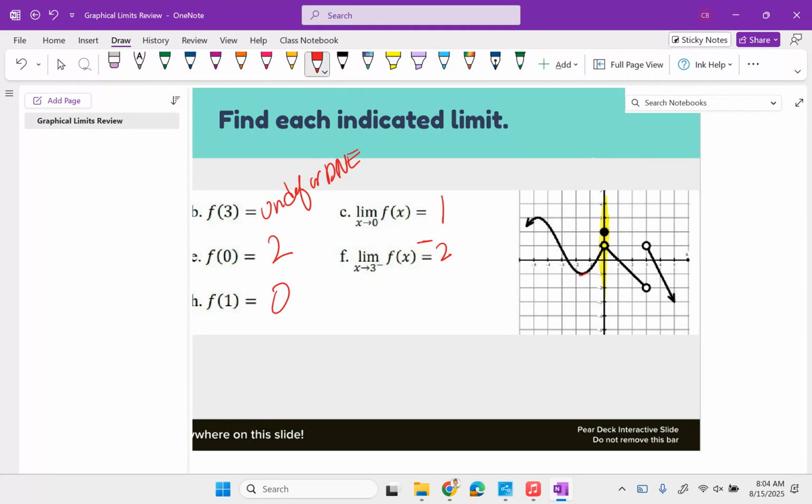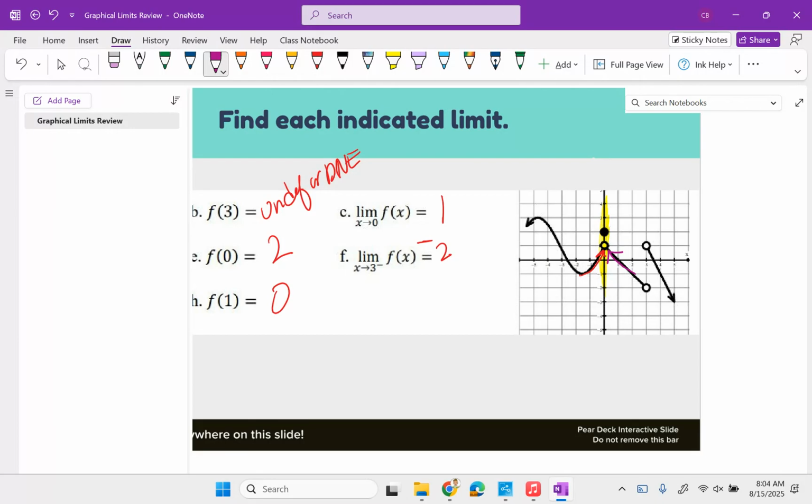Tracing from the left, what y value is it approaching? 1. Tracing from the right? Also 1. Remember, when your fingers can come together and touch, that's what it's approaching, so that's my limit.